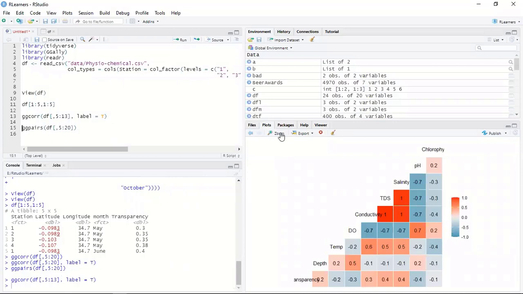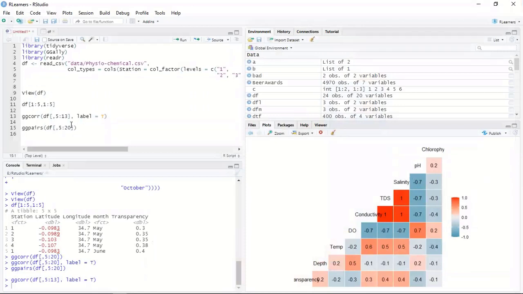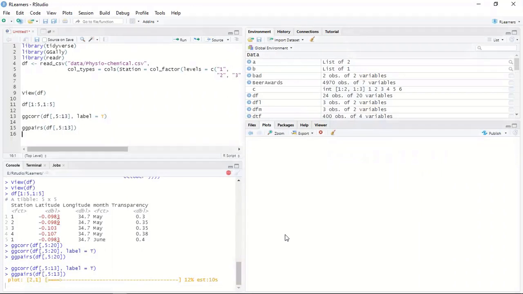Let's see what happens. This gives us a better visualization. These are the physical chemical parameters on their own. We can take the correlation of which. So also this one, let's take up to 13 as well. So it gives us something a little bit better. Only dealing with the physical chemical parameters.